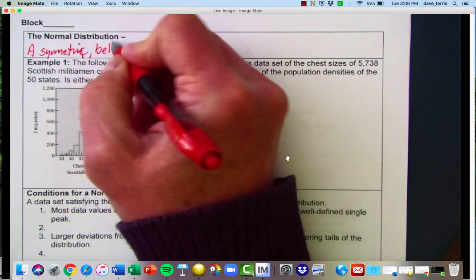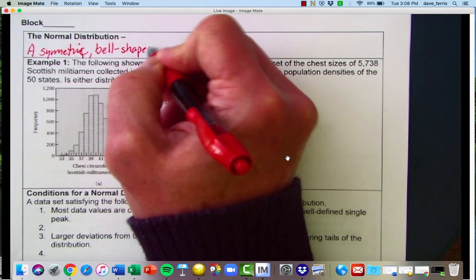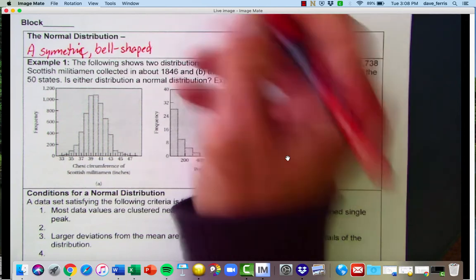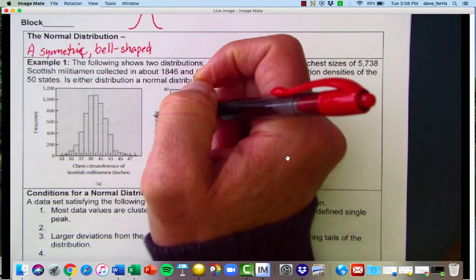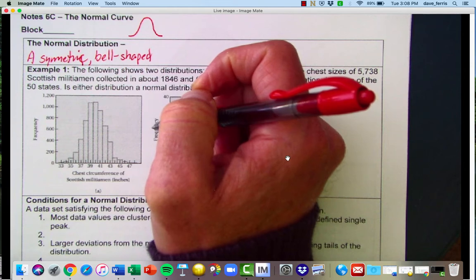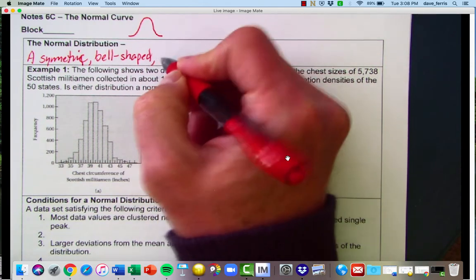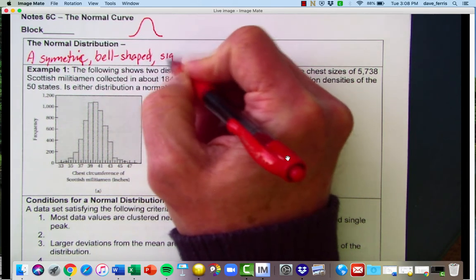This is the one that really gets it nailed down. Bell-shaped. Of course, you got to know what a bell looks like. A bell is kind of like this. So that might be the only thing you really need. If you say a bell-shaped distribution, that's really what we're talking about. But one more descriptor is it has a single peak.